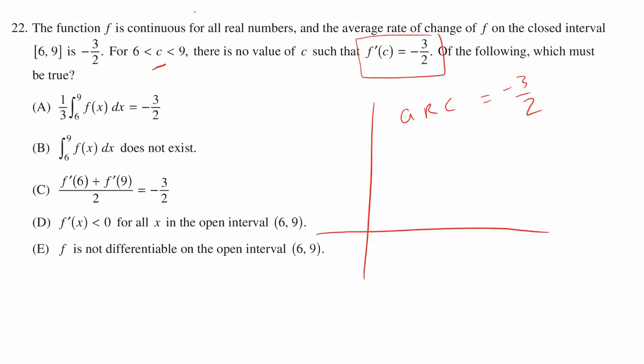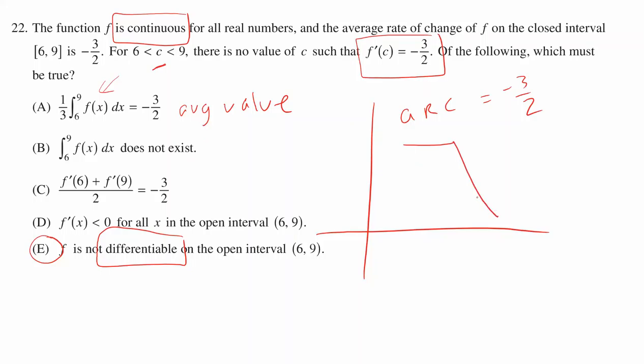And the mean value theorem says that it has to be continuous and differentiable. So really the only good option is E. Let's take a look at a couple of these others. This one would be finding the average value, which is a good thing to know. This one would be saying the area doesn't exist, which we can't determine. Even if it's not differentiable, like say it looks like this, the area still definitely exists.